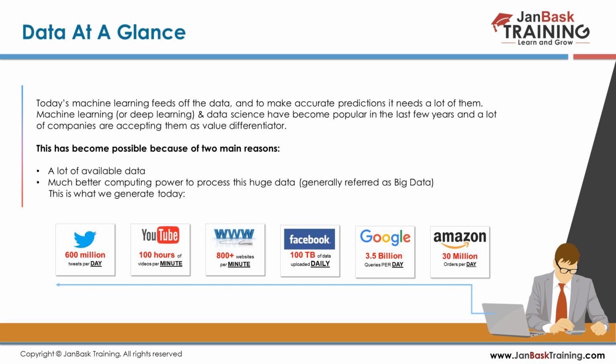And second is much better computing power to process the huge data. Nowadays if you see, previously to have a RAM of 1 GB in your computer was a huge cost. Okay, and normally people used to prefer 1 GB or 0.5 GB, 512 MB RAM.